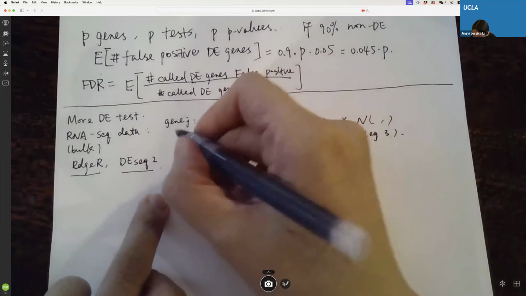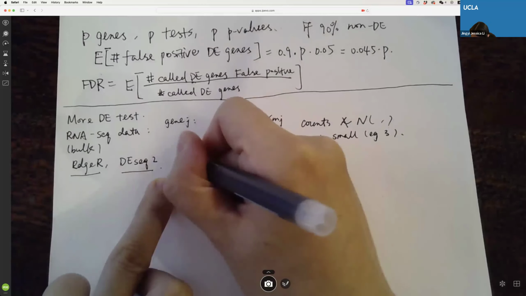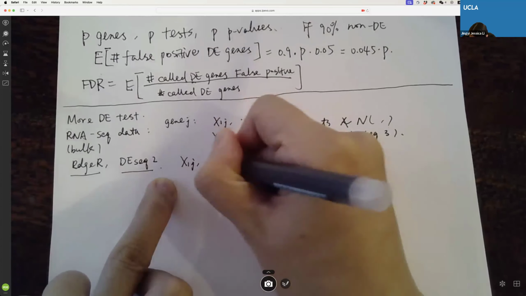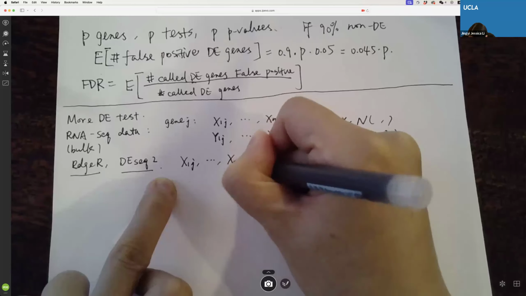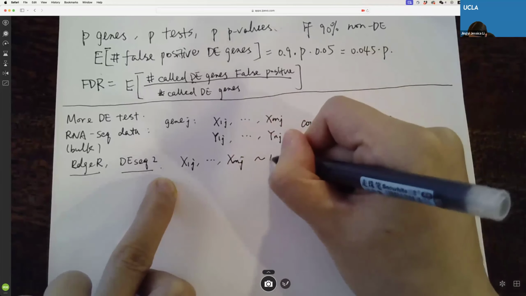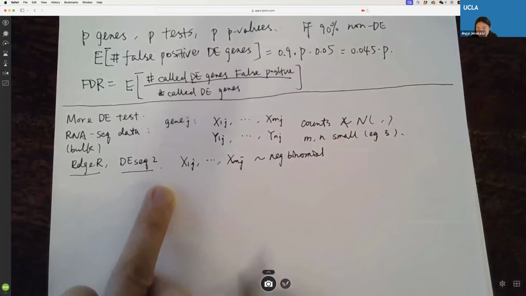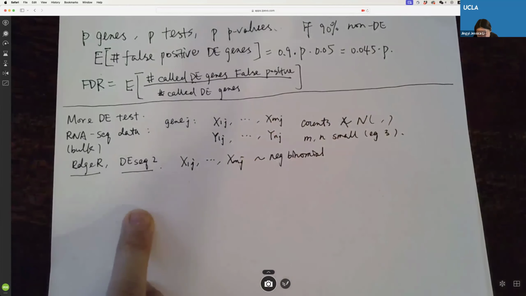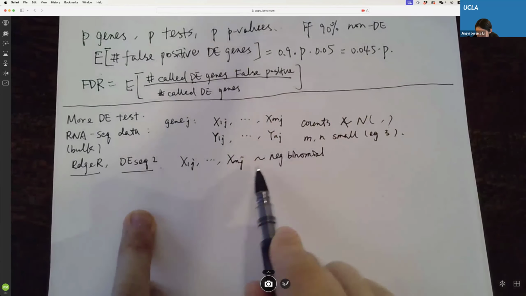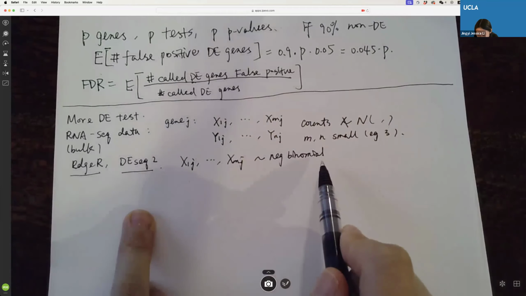They assume that under each condition, X1J to XMJ follows a so-called negative binomial distribution. This is a distribution we'll introduce later in our class. For now we will ignore the details of this distribution.